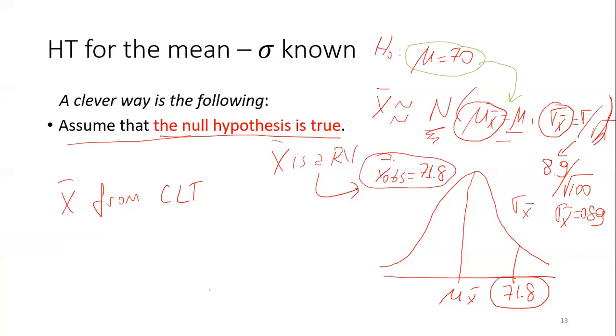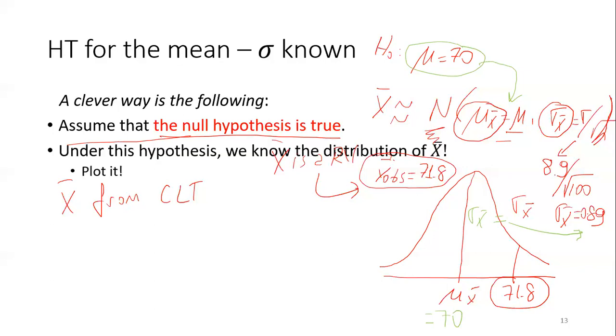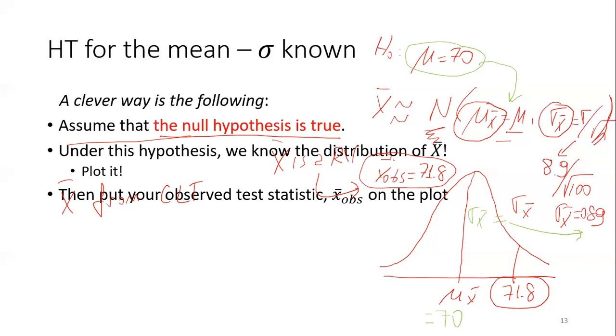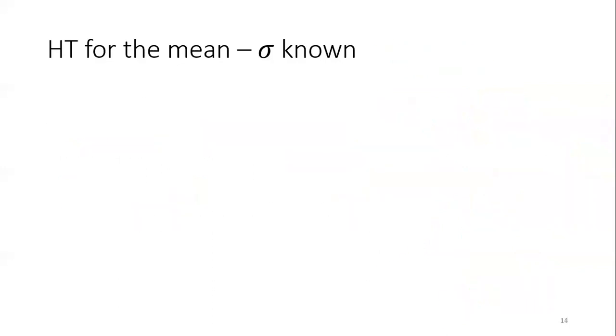Now what you have is that mu of X bar is equal to 70 and sigma of X bar is equal to 0.89. That's the distribution of the random variable X bar. So under this hypothesis, we know the distribution of X bar.